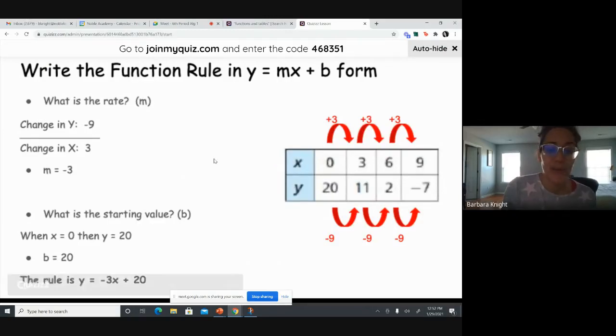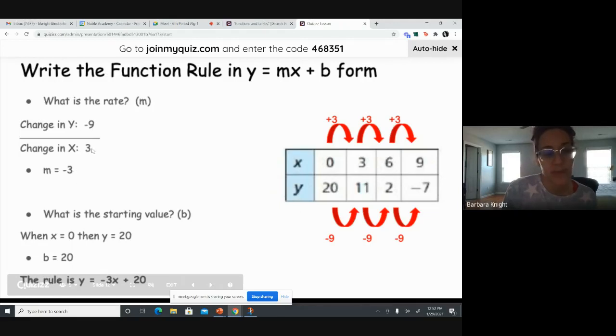Okay, so what about this one? Our rate of change, remember, is always the change of y over the change in x. So it's negative 9 over 3. And when you do negative 9 divided by 3, it gives you negative 3. If you can reduce it, simplify it, you should simplify it.